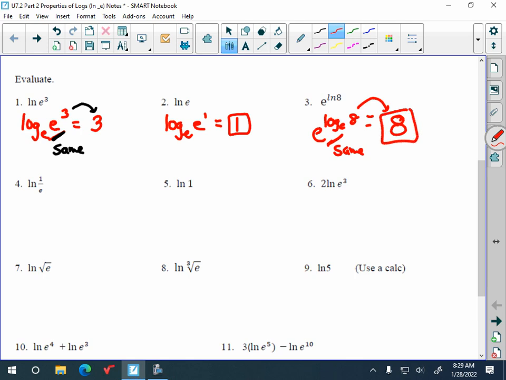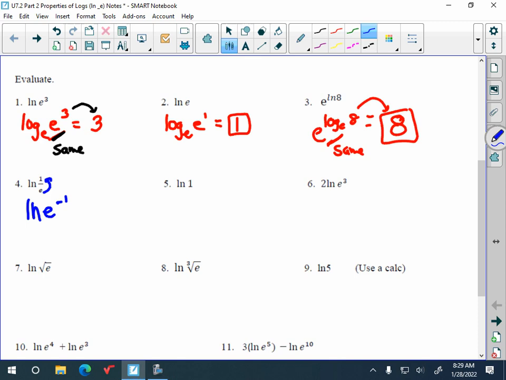All right, number 4, ln 1 over e. Good. So 1 over e we can rewrite as e to the negative 1. Because we can take the e that's on the bottom, that's e to the first, and if we flip it up to the top, all we have to do is change the sign of the exponent.